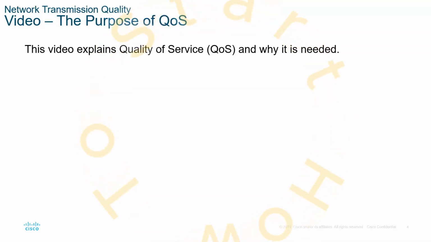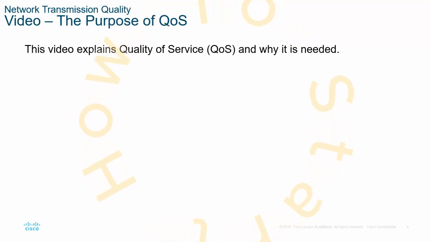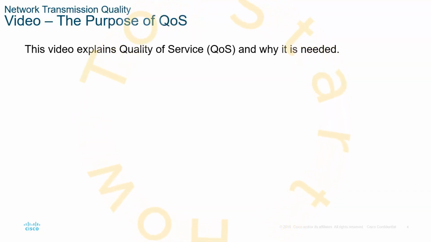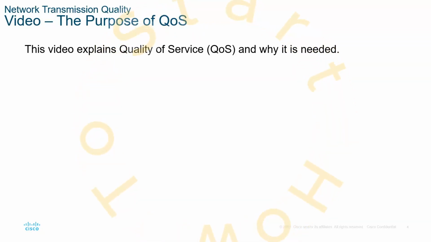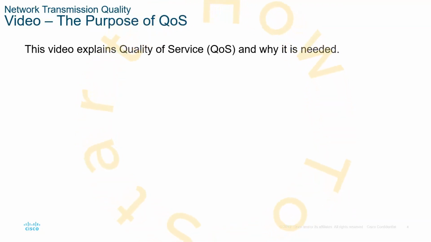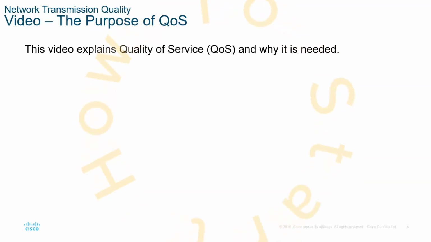TCP, with it being connection-oriented and guaranteed delivery, has additional overhead and is not really suitable for real-time traffic. So we can prioritize maybe off of protocol type, or we can actually look at protocol header information, and that will define certain QoS features.